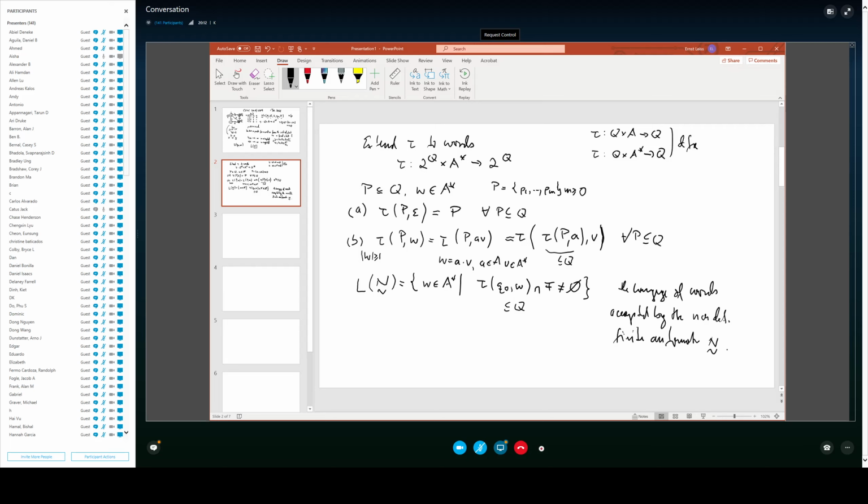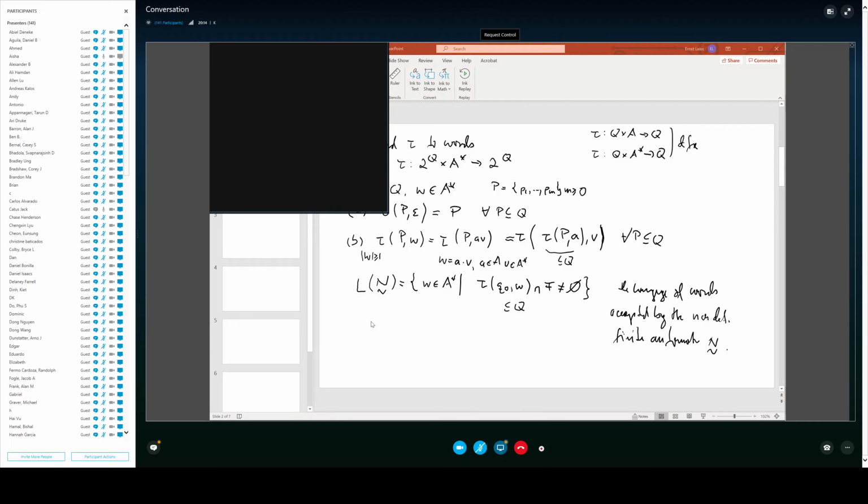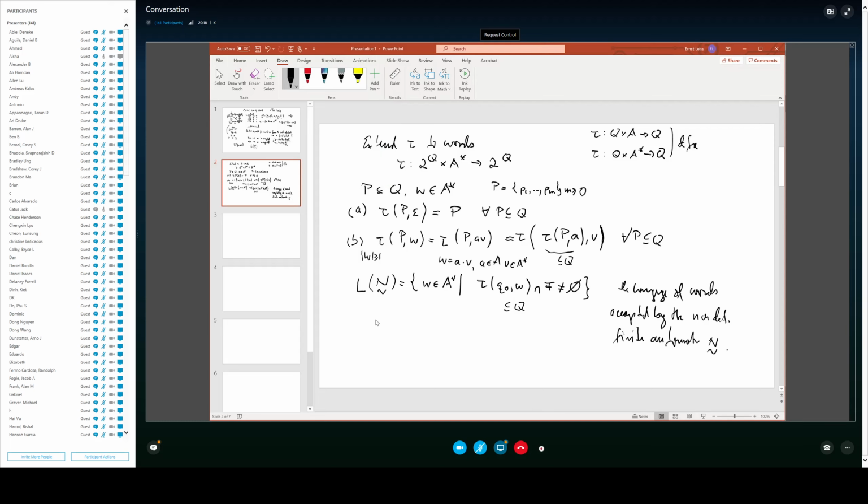So that then defines the language, just like we defined the language of a deterministic finite automaton. The definition is quite similar, except in the deterministic finite automaton, this happened to be a single state, and therefore we could just test whether that single state was an element of F or not.